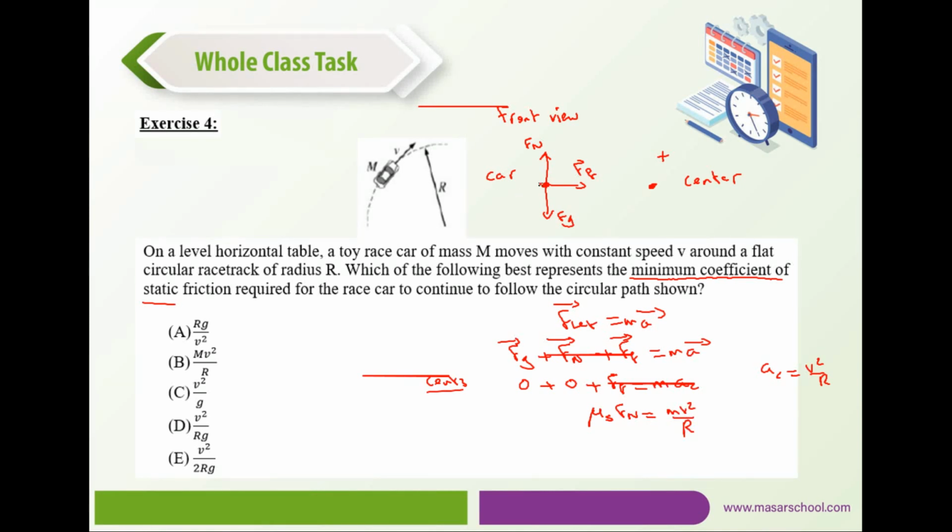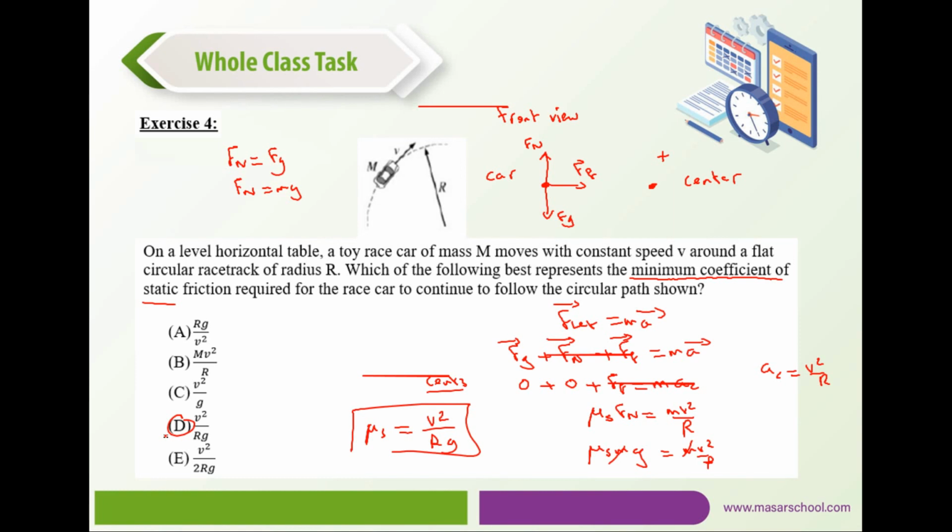The normal push is equated by the pull of gravity, which is basically Fn is mg. Then mu s mg equals mv square over r. m with m cancels, then mu s is given by v square over rg, and the correct expression in this case is given by D.